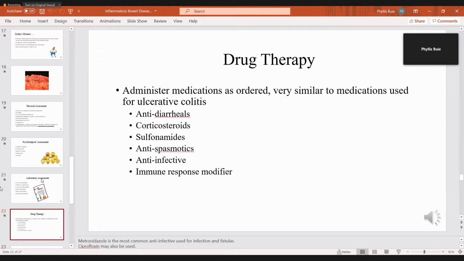And Cipro may also be used if the person should happen to be allergic to Flagyl. But we can use the anti-diarrheal medicines, the corticosteroids, the sulfonamides, antispasmodics, anti-infectives, and then of course we've already talked about the immune response modifiers that alter the immune system to target the source of inflammation.